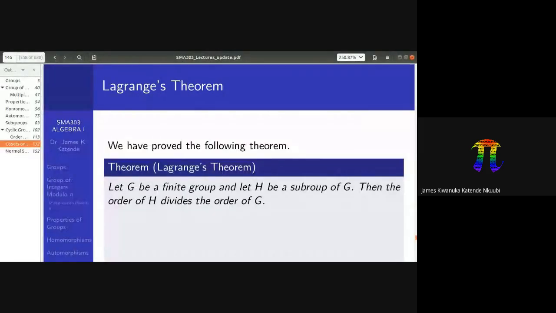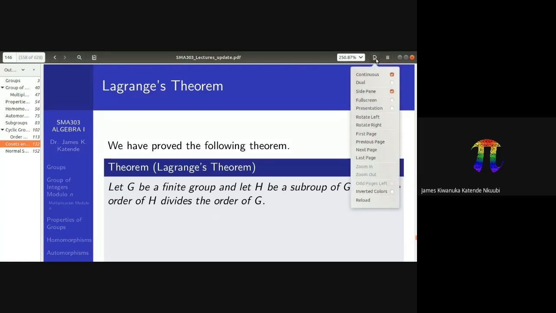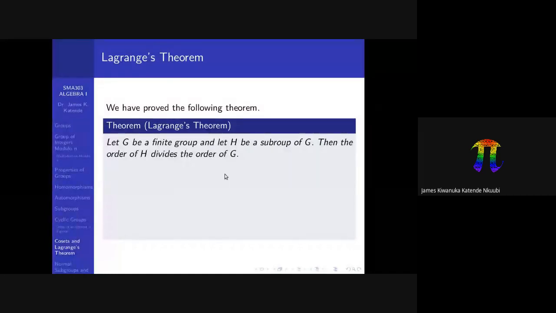I hope you have gotten the content there. It says if you have a finite group, then the number of elements in any of its subgroups must be a factor of the number of elements in the group itself. I've given the example: if you have a group with 10 elements, it cannot have a subgroup with 3 elements because 3 does not divide 10.